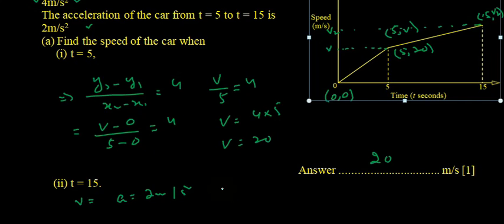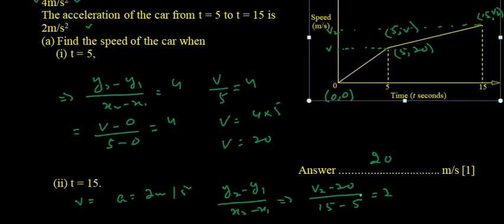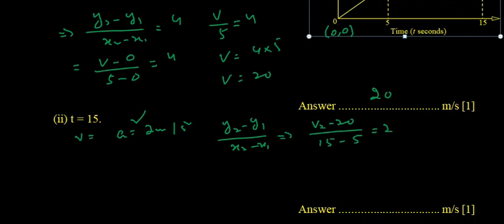So slope is (y2 minus y1) upon (x2 minus x1). This time y2 is V2 and y1 is 20, upon x2 is 15 minus 5, is equal to the acceleration, which is 2. When we find the slope, we get the acceleration.